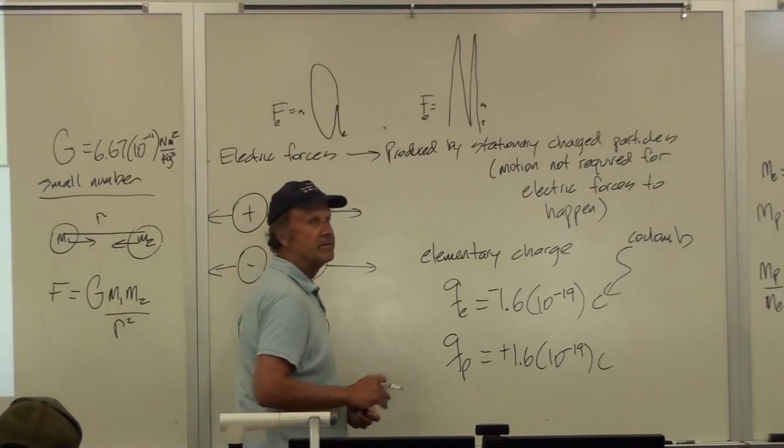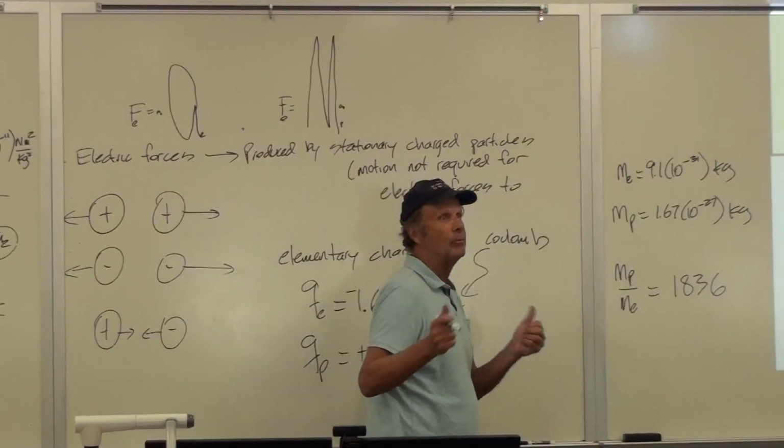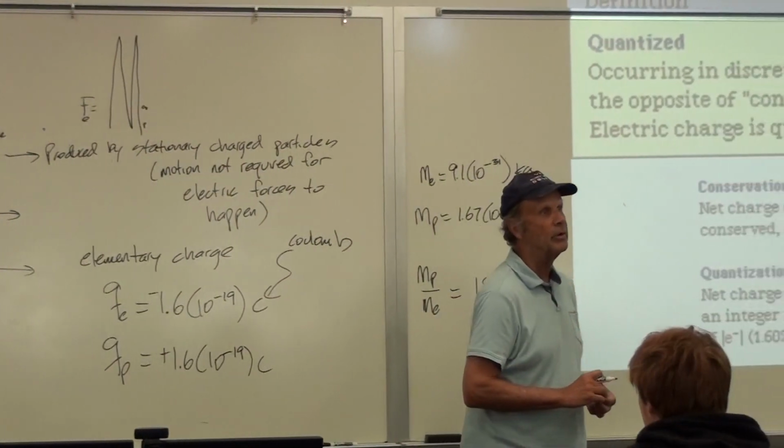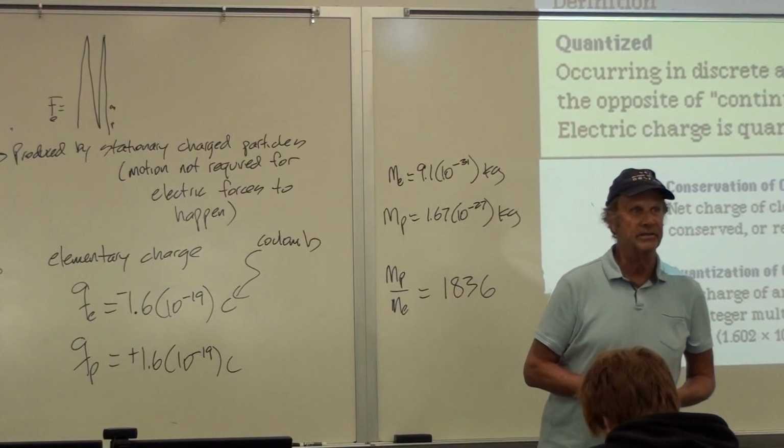But there was a huge acceleration because there was a smaller mass. So the electrons then, as they're being transferred from one place to another, are responsible for most of the charge differences that we see.